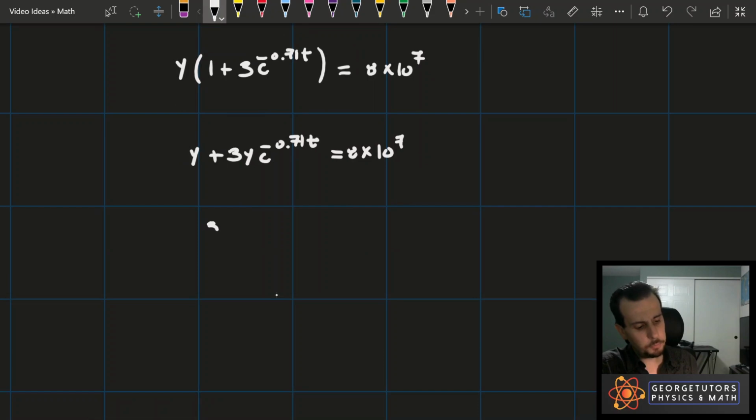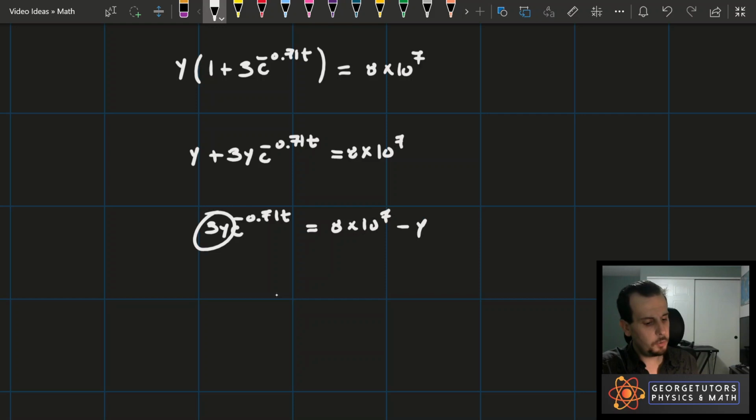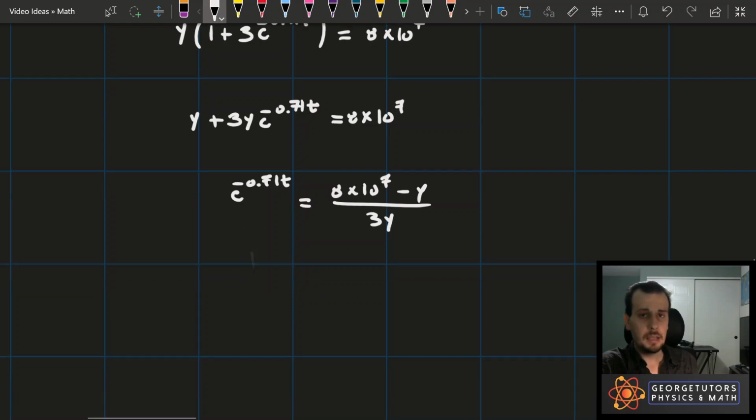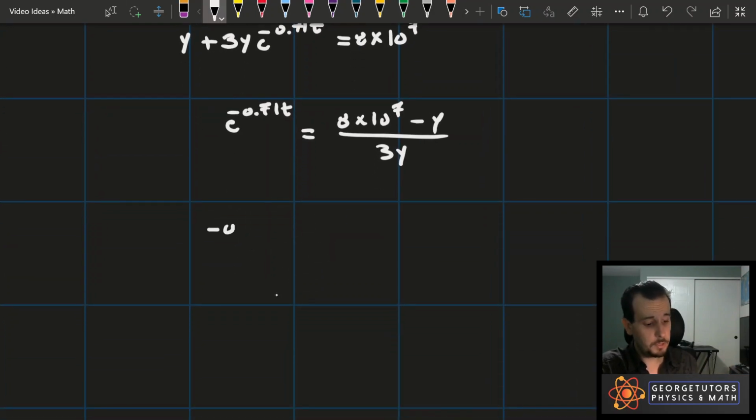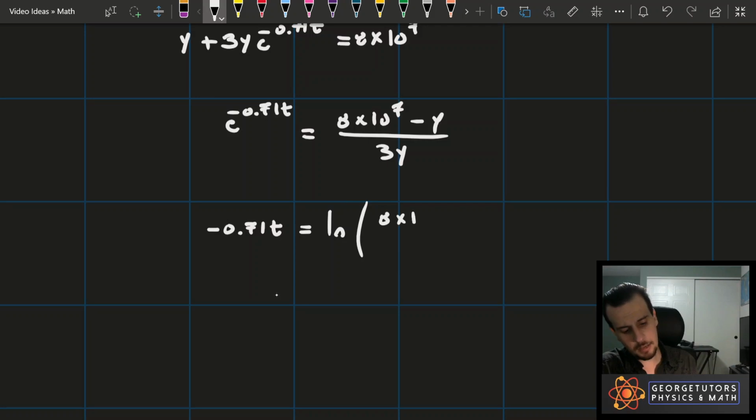Now I would probably move the y to the other side, and I will have the equation written like this: 8 times 10 to the 7 minus y. And then I can divide both sides by 3y, giving me this on the other side. At this stage, I probably want to take the logarithm of both sides, giving me on the left negative 0.71t, and on the right, the logarithm of the quantity that we had.